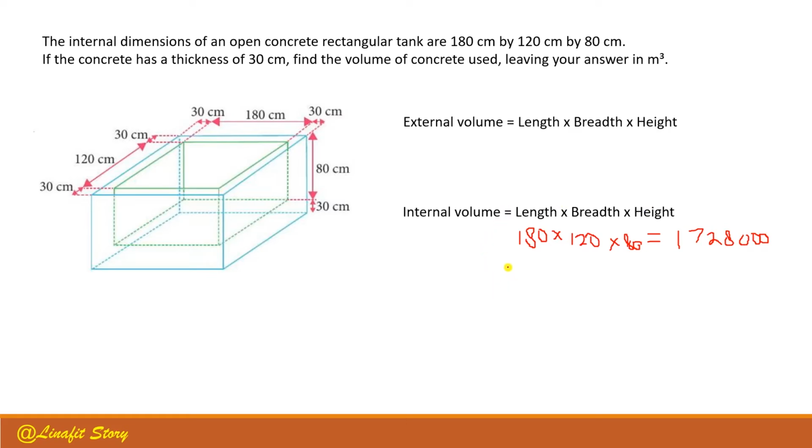The length is 30 plus 180 plus 30 is 240, times the breadth 30 plus 120 plus 30 is 180, and the height is 80 plus 30 is 110.